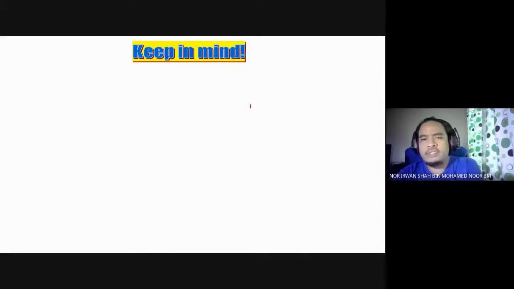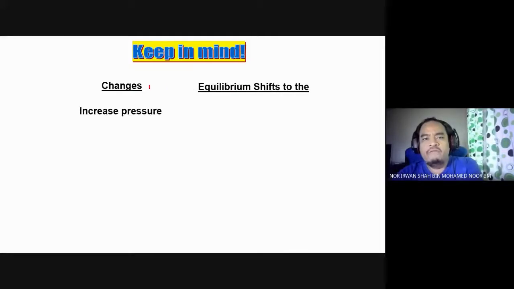Right, as the conclusion for this lesson, let's summarize what you have learned, class. If we increase the pressure, remember, the pressure increases by changing the volume, so if the pressure increases it means the volume decreases.